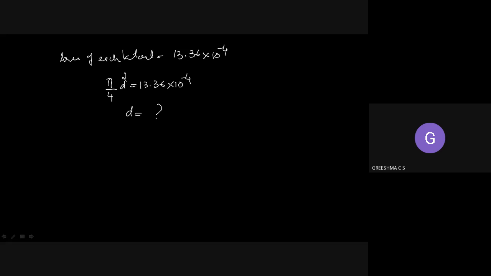Tell me, എത്ര വരുന്നേ? 4.1 centimeter. കിട്ടുന്നില്ലേ? So you will get this as 0.041. Okay. Meters convert, D is equal to 4.1 centimeters. Okay.